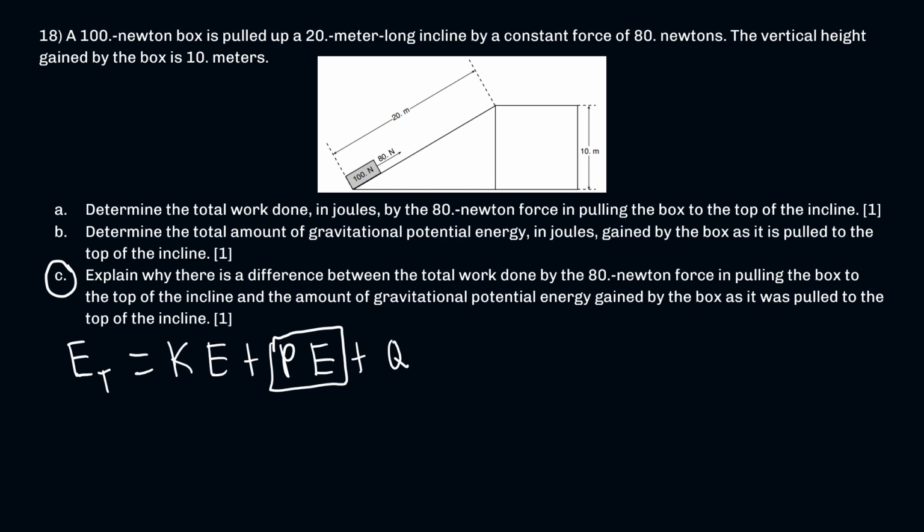It says we have a constant force, so we have some speed going up the incline and we're not accounting for that with the potential energy. Or, since it doesn't say this is a frictionless surface, we can say that there is friction on the incline as well.